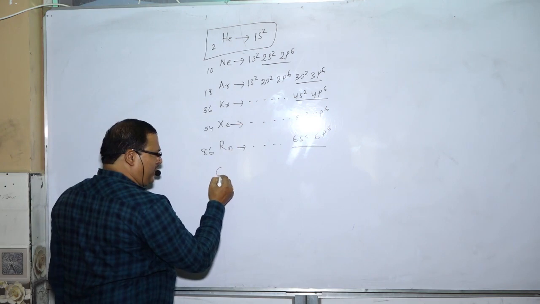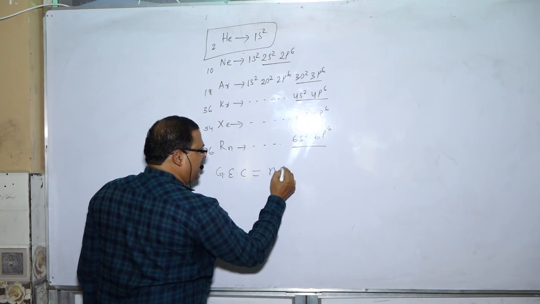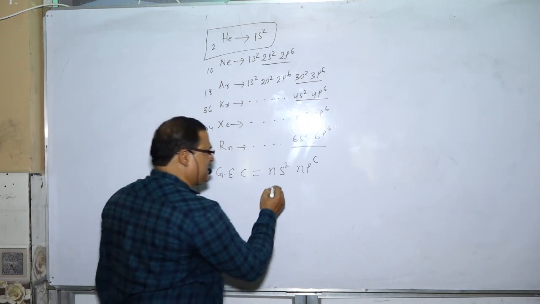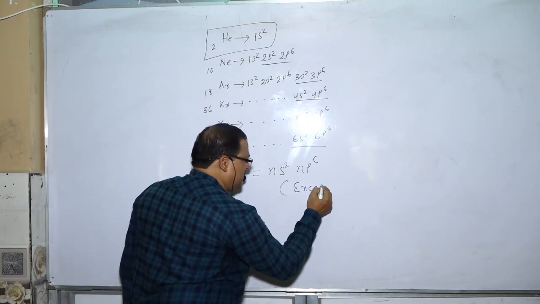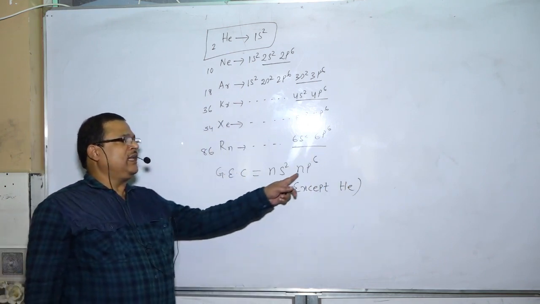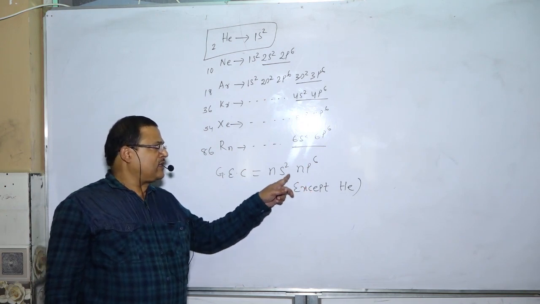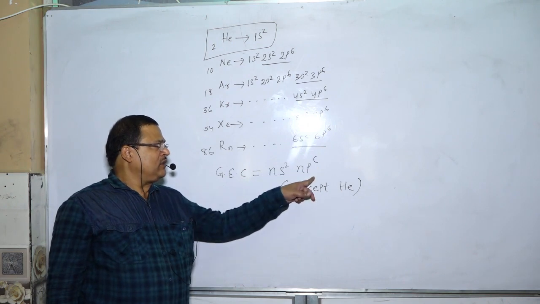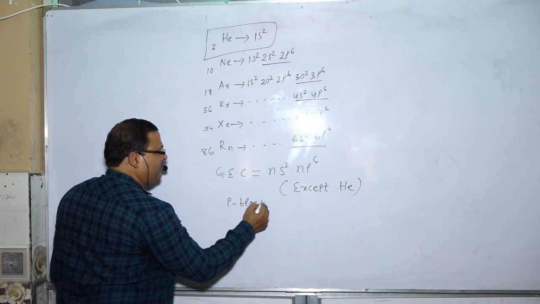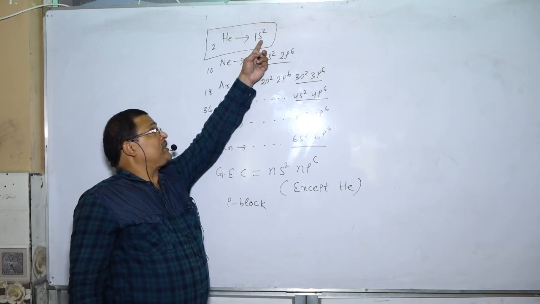So the general electronic configuration for this group of elements is ns2, np6, except helium. ns2, np6 means the last electron enters into the p subshell. Therefore, these are the elements of the p block. This is the exception.